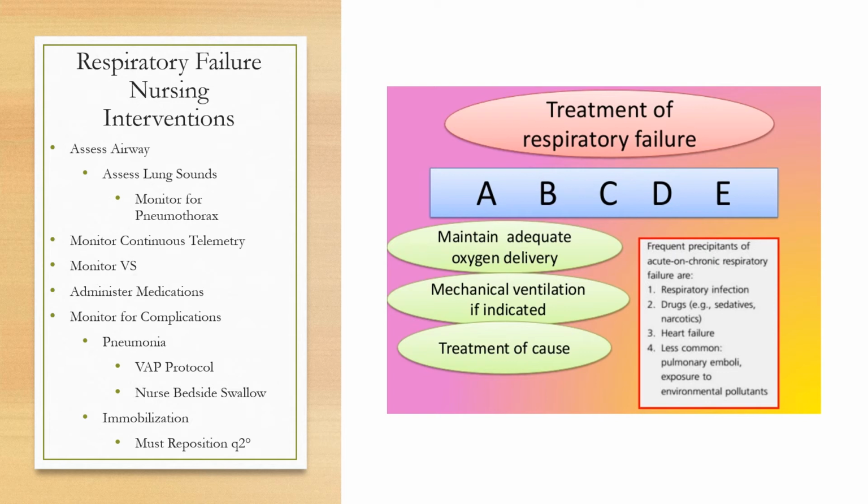So if someone's hypotensive, we need to address that. If they're hypotensive because they're dehydrated, we'll give them fluids, such as normal saline or Ringer's lactate. If they're hypotensive because they're bleeding severely from somewhere, we're going to give them blood to replace the blood that they're losing. Okay.